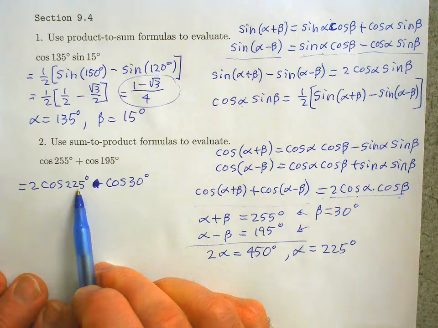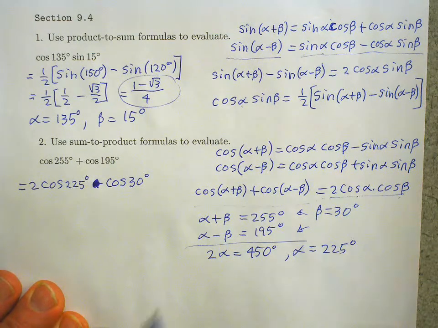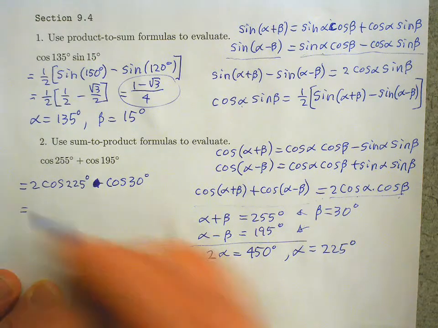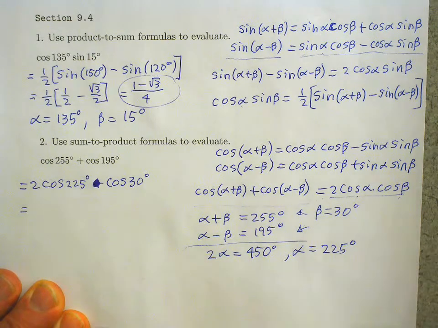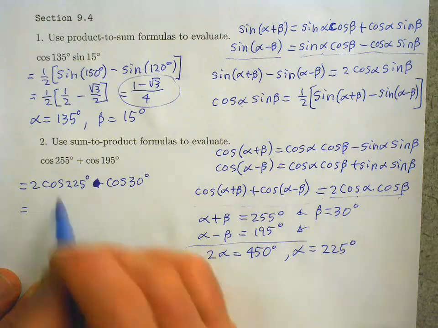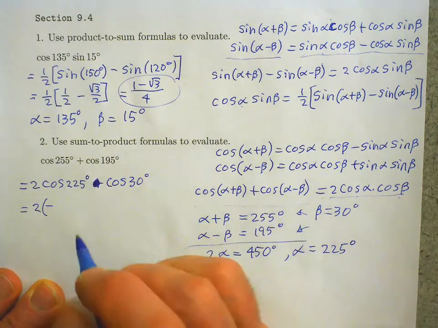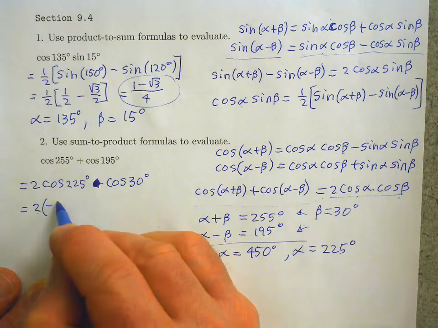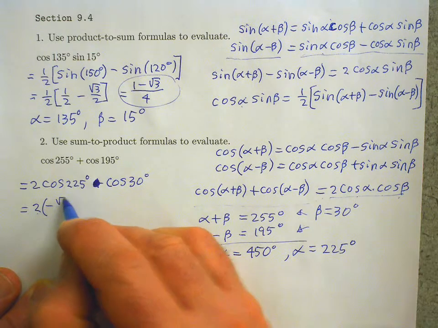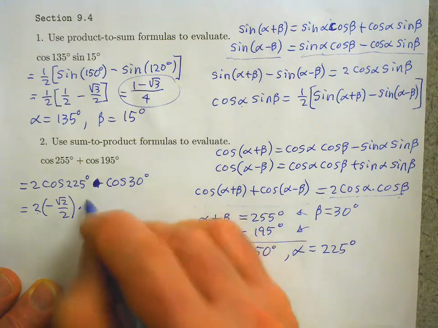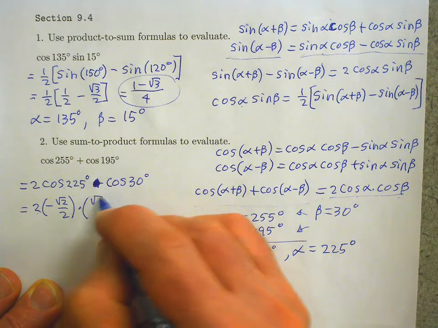225 degrees is in the third quadrant. The reference angle is 45 degrees. Cosine of 45 is the square root of 2 over 2, but this will be negative because it's in the third quadrant. So 2 times negative square root of 2 over 2, and then times cosine of 30, which is the square root of 3 over 2.